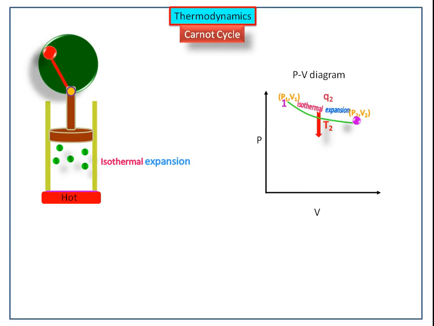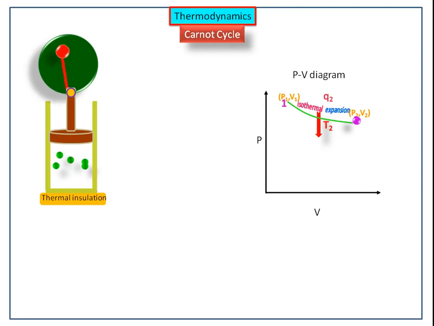The work done by the system in an isothermal expansion is minus W1 equal to nRT2 ln V2 by V1. Now the cylinder is thermally insulated, so no heat is exchanged between the system and the surroundings.